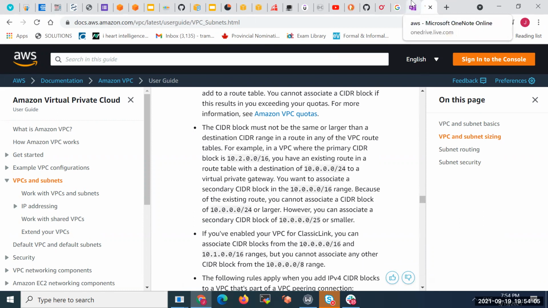In the exam, they will ask you questions, for example, the question I encountered this morning: you need to have a subnet for three zones, and each zone contains a certain number of instances. Then what address will you select? Those are the questions where you need to refer back to this and remember the sizing.